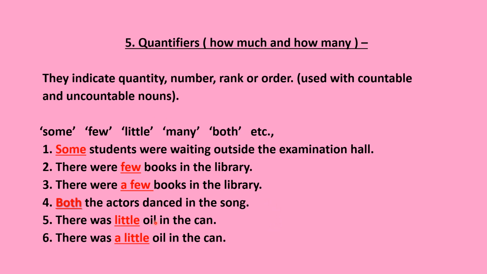So this is about quantifiers, and there are many determiners. Students, you have to learn nearly 50 determiners. I have given only a few here, a very limited number. You can refer to the books and come to know about these quantifiers, countable and uncountable. In the next semester also you will be learning about these quantifiers.